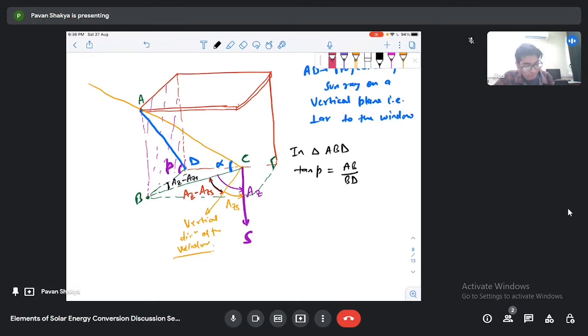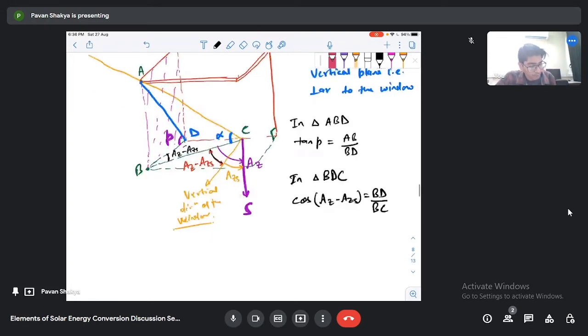Okay. So if I take the triangle BDC, then you can write that cos of AZ minus AZS will be equal to BD divided by BC.